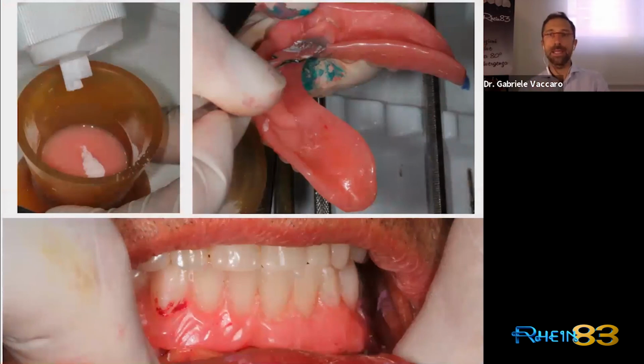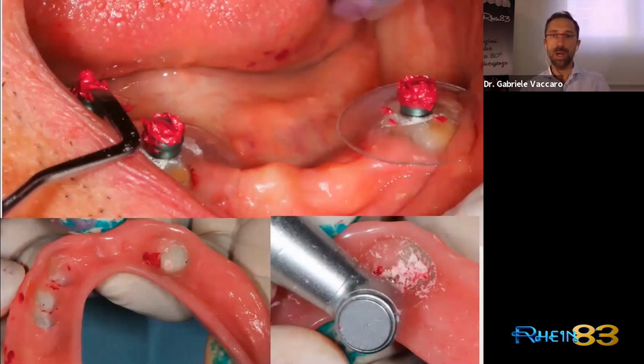Then prepare the resin and fill all the empty spaces with resin. And the first step before you put it here, I go back a little while. Always remember to put a protection disc or some fragment of rubber dam, or a piece of glove.